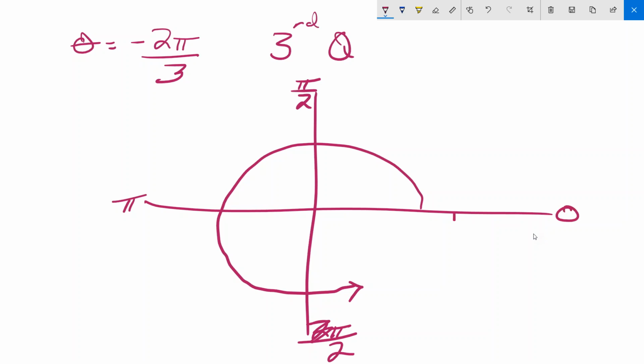If I'm going this way, angles are negative. So this first one would actually be minus pi over 2. In other words, 3 pi over 2 is the same as minus pi over 2. You see why?